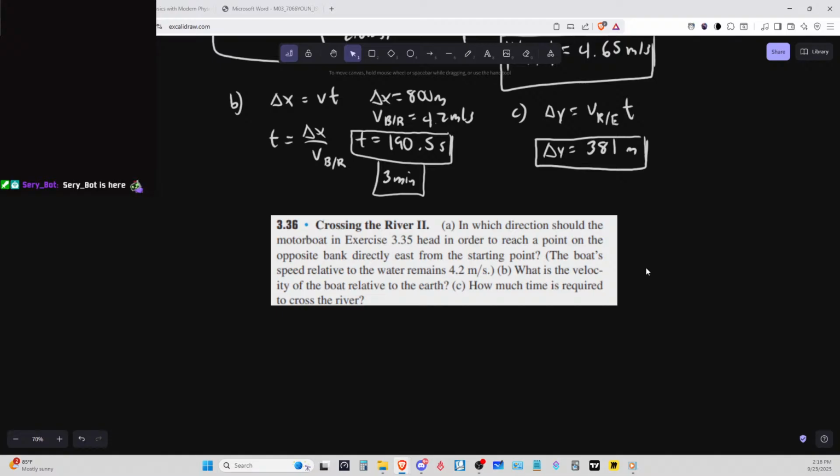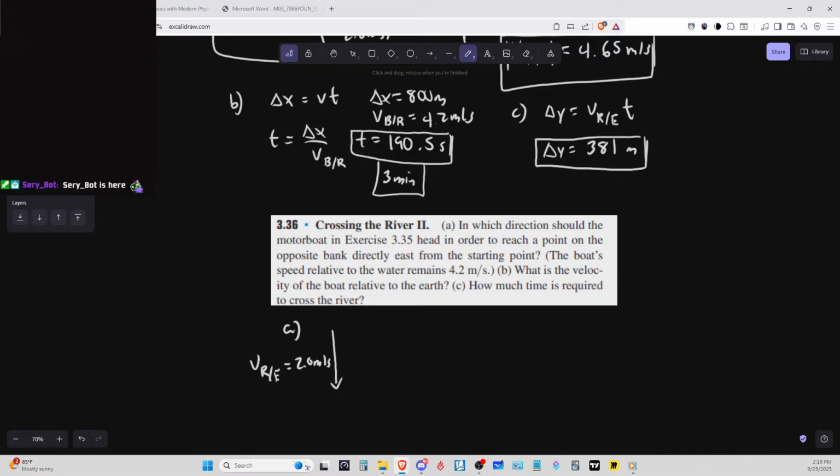The boat's speed relative to the water is... Okay, so the river is still going this way, so we have the river relative to the earth, that's equal to 2 point meters per second.